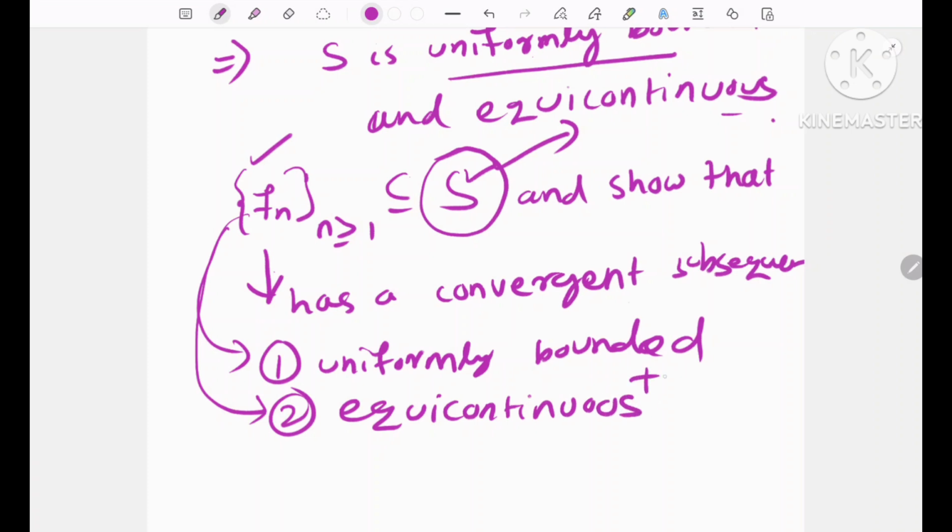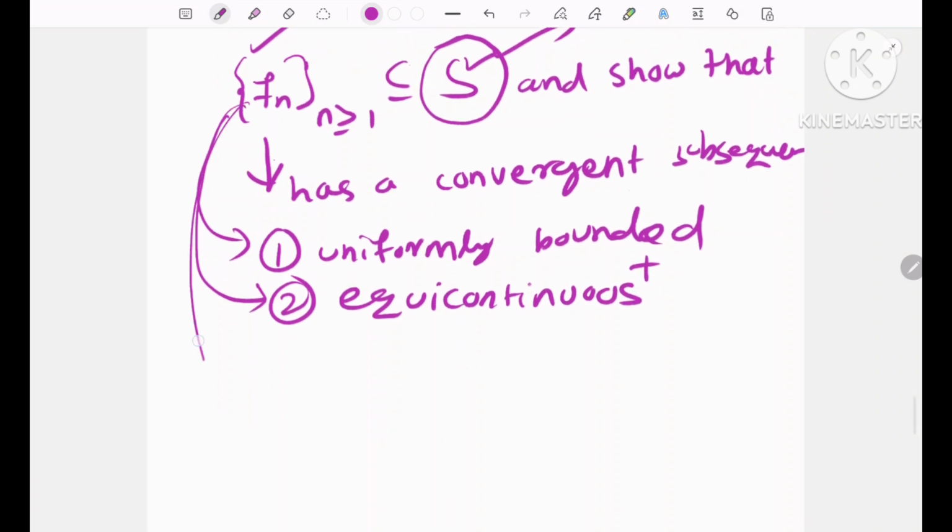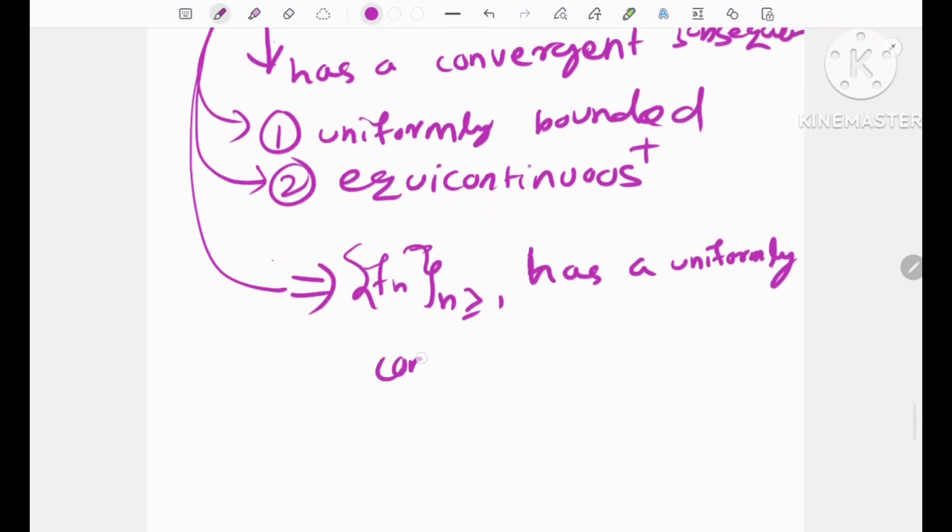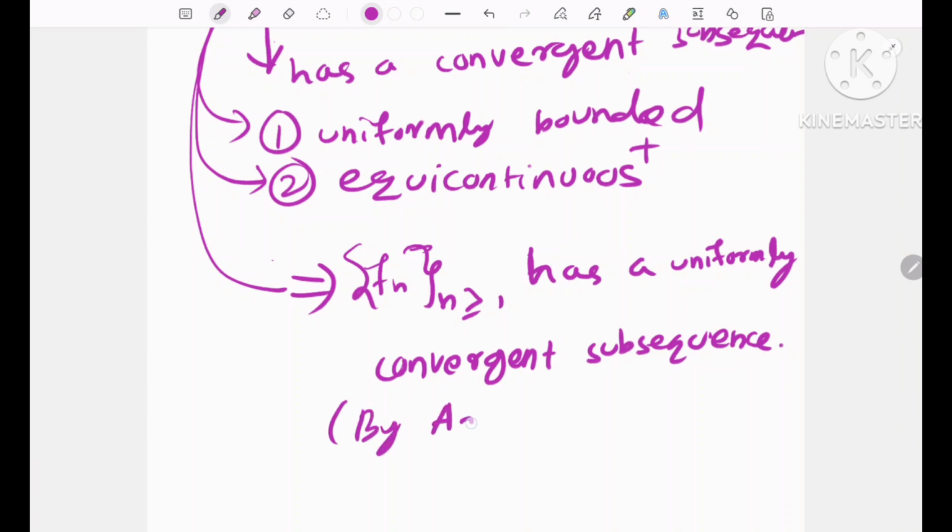These two things combined imply that f_n, n greater than or equal to 1, has a uniformly convergent subsequence, by the Arzela-Ascoli theorem.